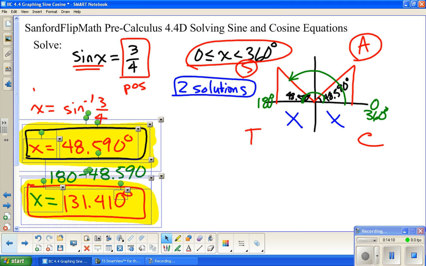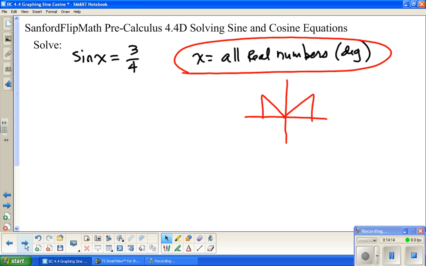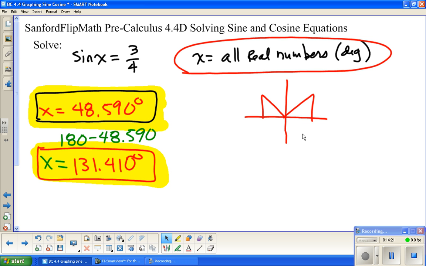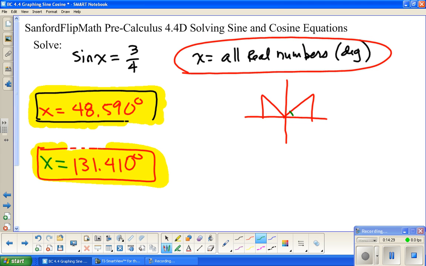48.590, okay, let me take that over here. I think that was the last thing I did. Yes, life is good, Mr. Sanford. Okay, so when I did the two different quadrants, this is what I got. Now, here's that 48-degree angle. What if instead I spun around 360 and then added 48.590?